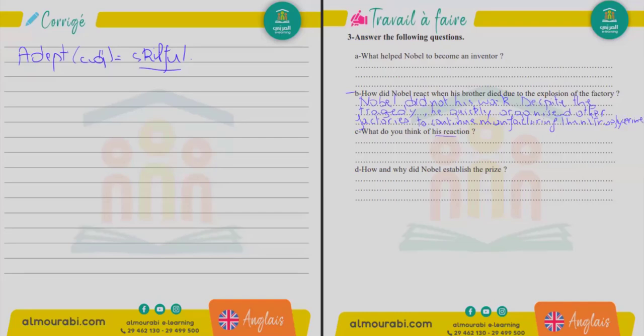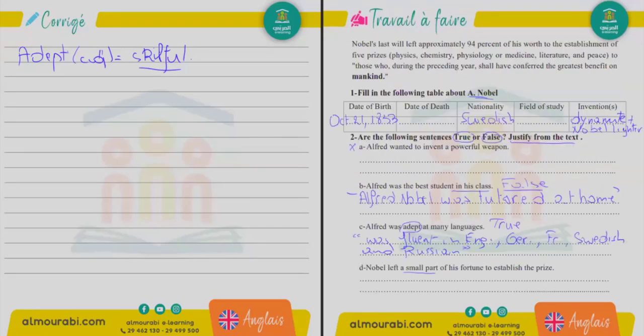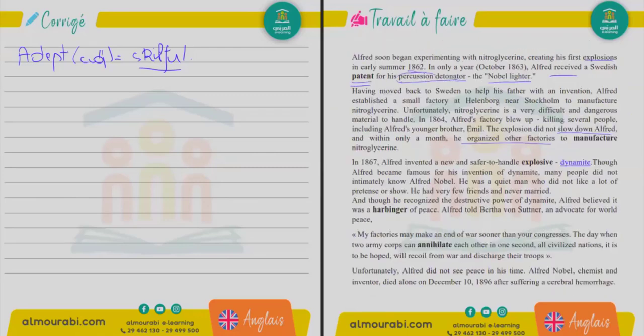As I said, this is an explosive substance, used for the noble lighter and for the dynamite. Right. So that tragedy didn't stop him from organizing other factories, producing the same explosive substance.